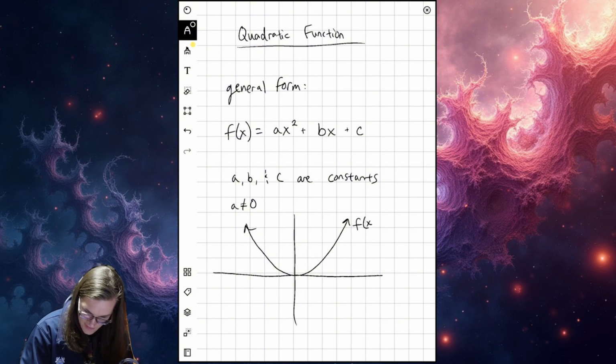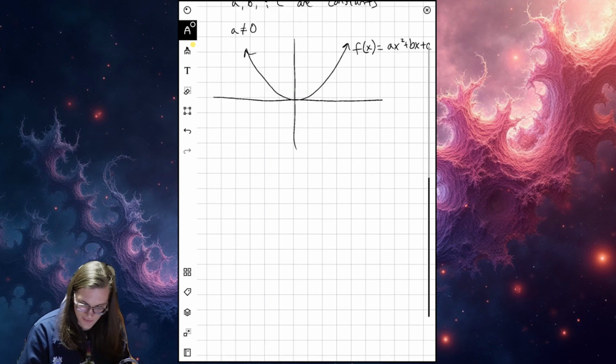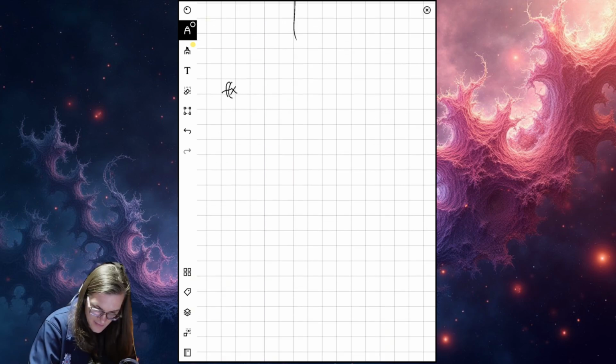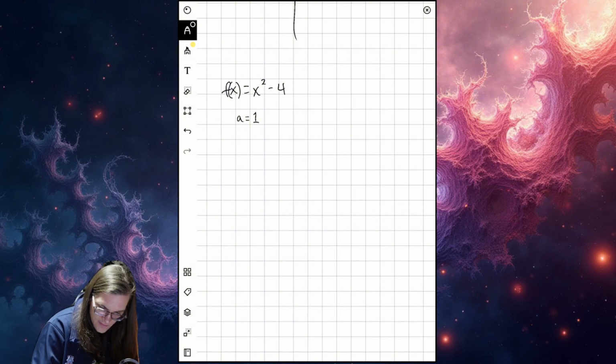This is a quadratic function, and an example of a specific quadratic function, let's say f of x equals x squared minus 4, right? For this particular quadratic function, our a is 1, our b is 0, and our c is negative 4, right?